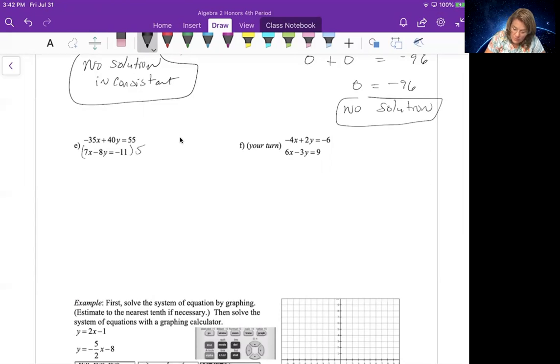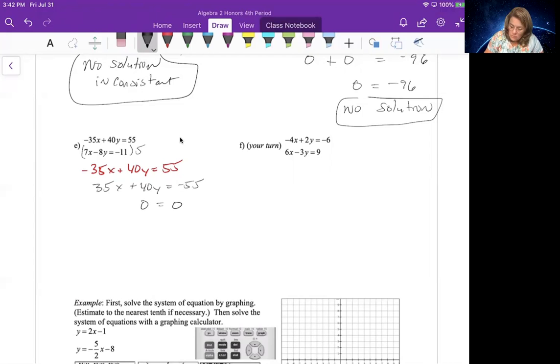And so I will have negative 35x plus 40y equals 55. And on the bottom, I will have 35x plus 40y equals negative 55. And I find that 0 equals 0.